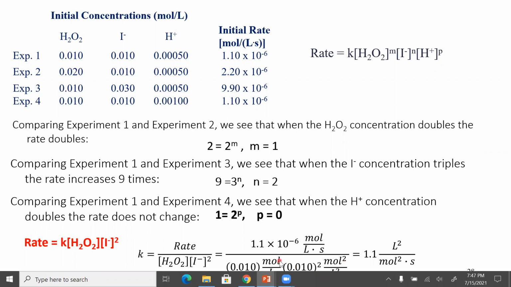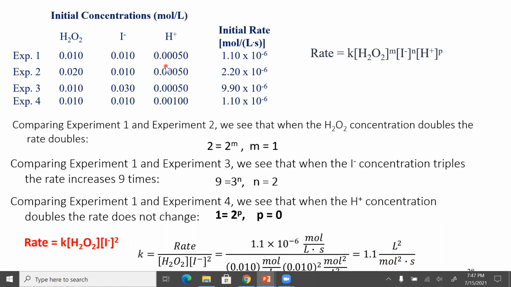Unit-wise, I'm going to take moles per liter out of the denominator and make it the reciprocal in the numerator, and liters and moles cancels out. And then I'm going to take the moles squared over liters squared and flip it into the numerator. And I'm going to be left with liters squared per moles squared per second.